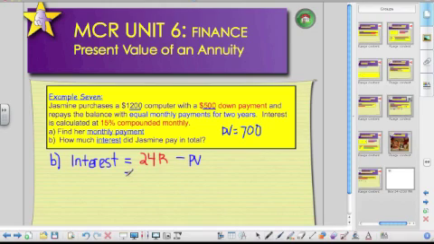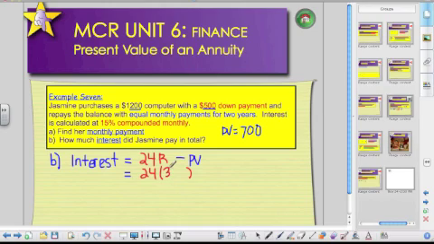So my interest is going to be equal to 24 multiplied by my monthly payment. And in part A, I found out that my monthly payment is $33.94.